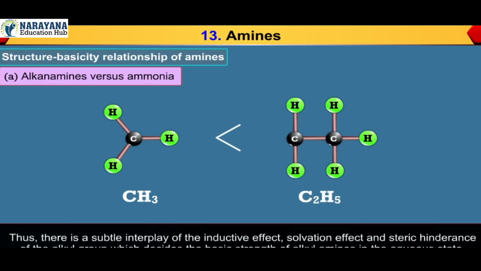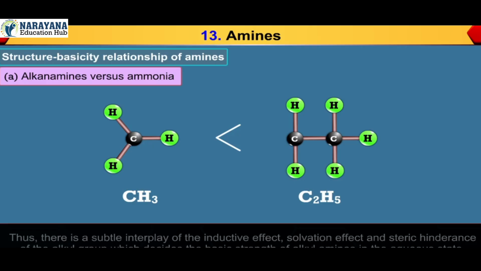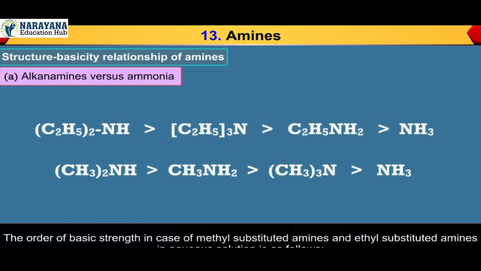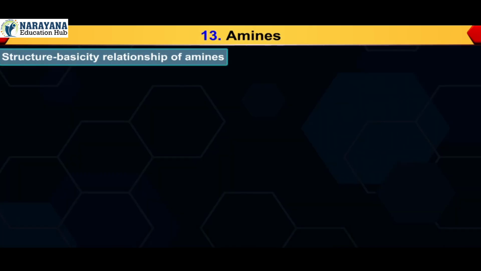Thus, there is a subtle interplay of the inductive effect, solvation effect and steric hindrance of the alkyl group, which decides the basic strength of alkylamines in the aqueous state. The order of basic strength in case of methyl substituted amines and ethyl substituted amines in aqueous solution is as follows.